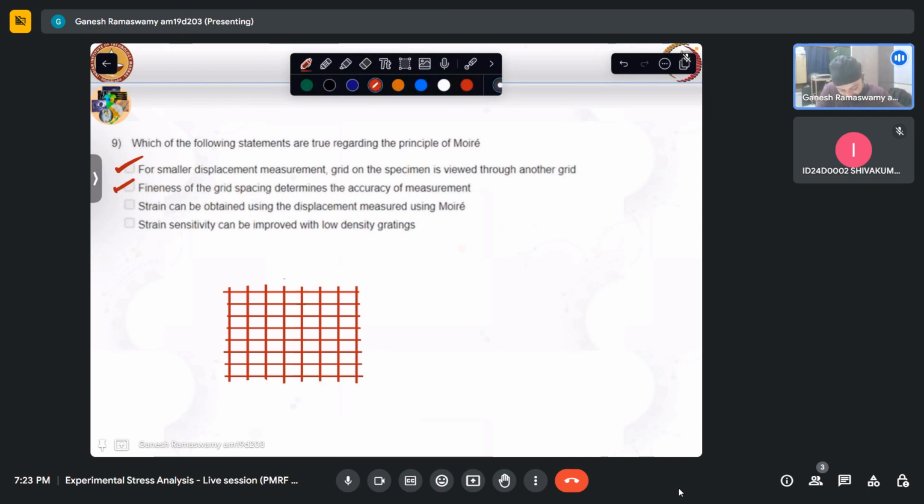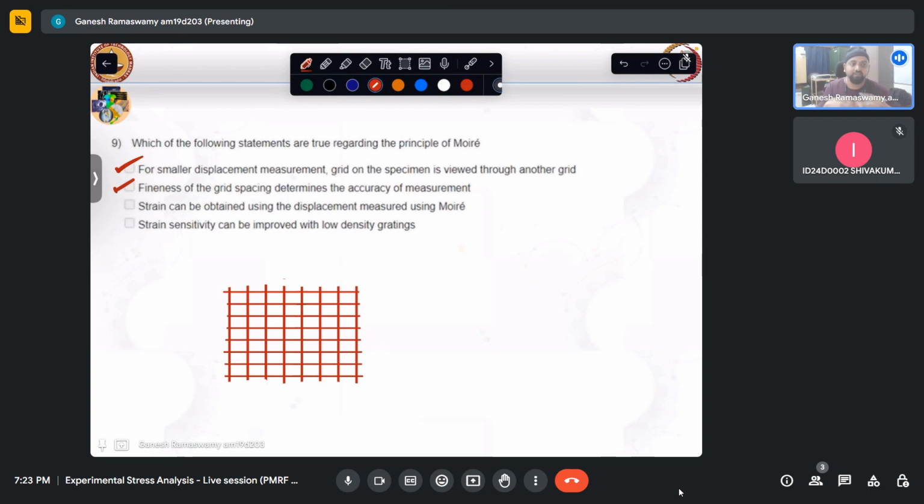Strain can be obtained using the displacement measured using Moire, yes, provided it is Moire interferometry and not geometric Moire, because geometric Moire will give you displacements that are more inaccurate than those of Moire interferometry.